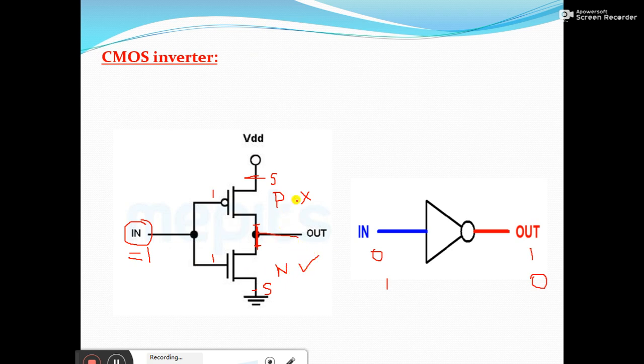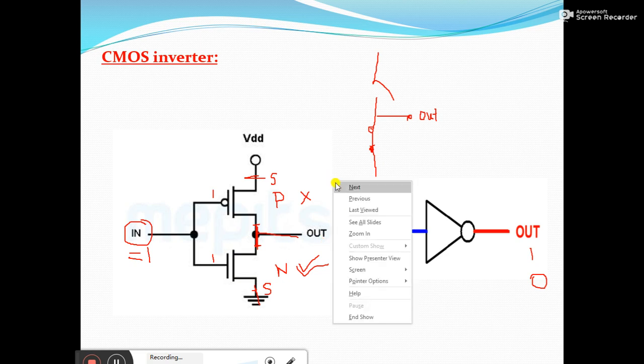So as if the first switch is off and the second switch is on, and since you are measuring voltage here, this is the output. Since this is in on condition, whatever the previous voltage value, the output will be drained towards the ground, meaning the output will become 0. For input 1, the output turns out to be 0.